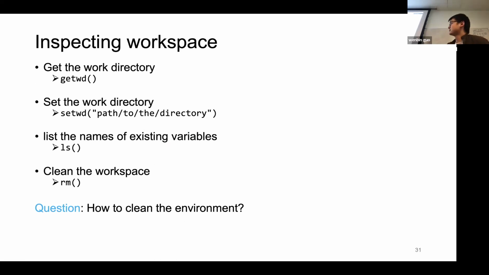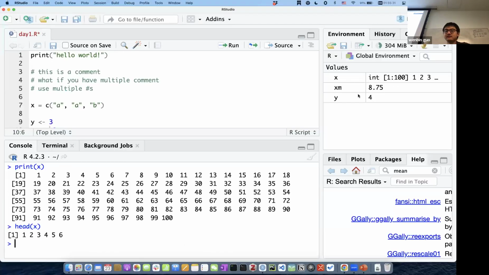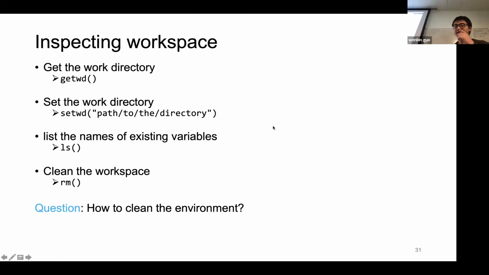And besides the variables, we also mentioned the workspace. So basically, it's just like the environment from here. We call it a workspace, and you can use the following functions. First, every running R has a working directory. You can use getwd to know which location, which path you are on.